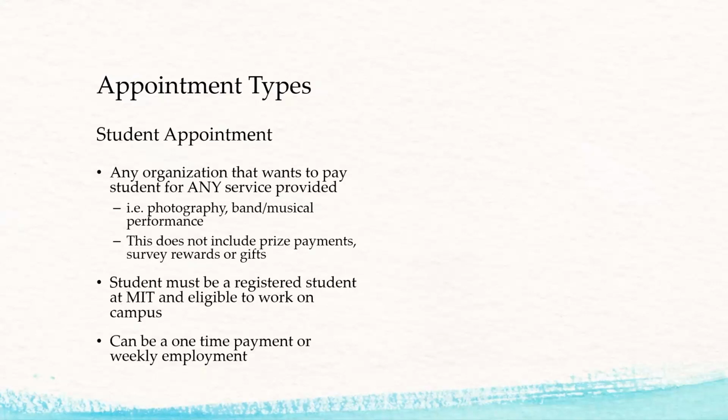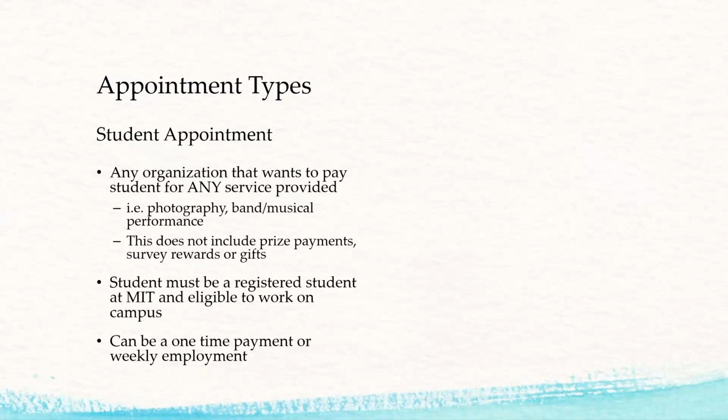The student must be an ASA registered group, and the student must be a registered student and eligible to work on campus. Now, international students can work on campus. They do need to get some documentation sometimes from the International Student Office, but any student can work on campus.